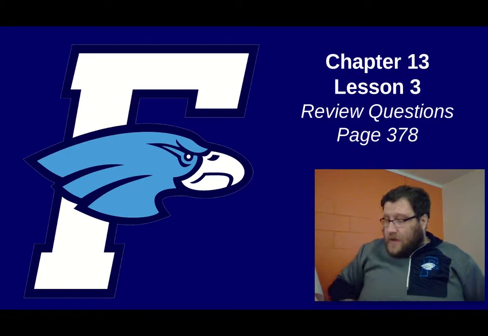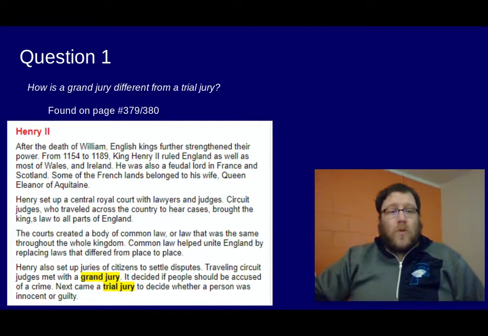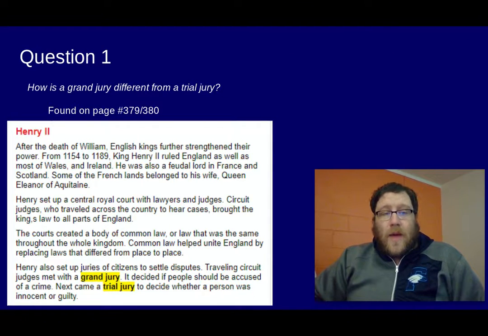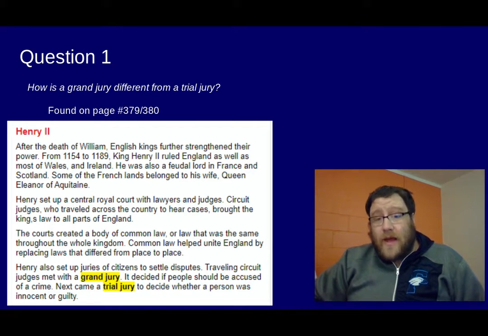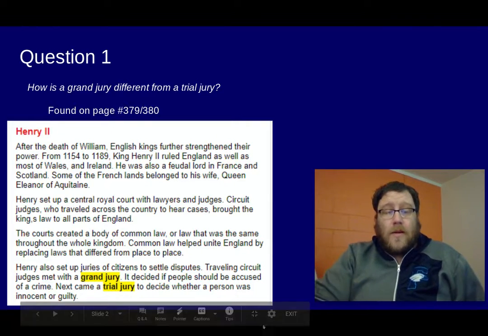Okay, so lesson 3. Question 1 is found on pages 379 and 380 under the section on Henry II, because this is something that Henry II did. So how is a grand jury different from a trial jury? Let me get my pointer out here.